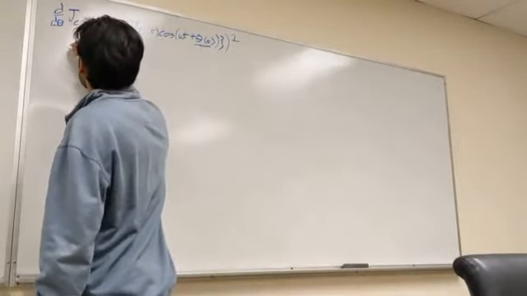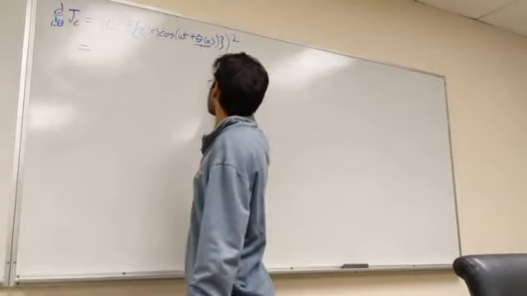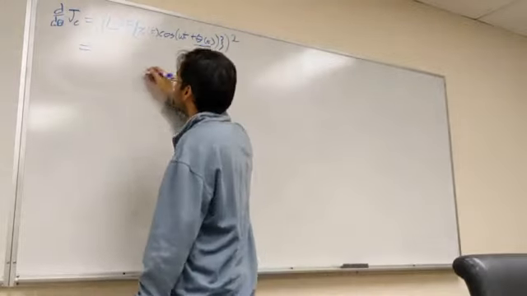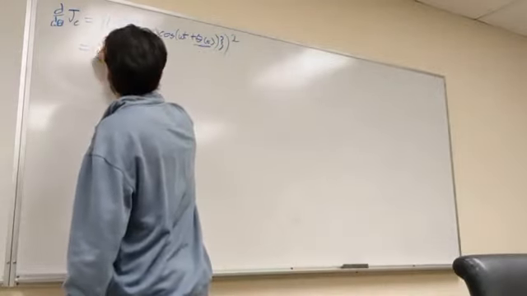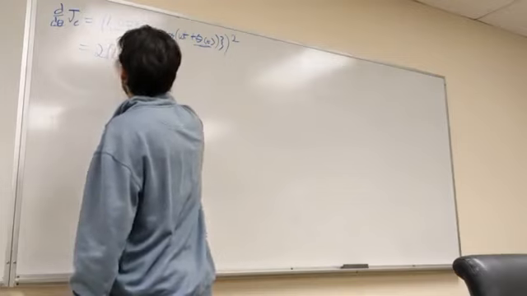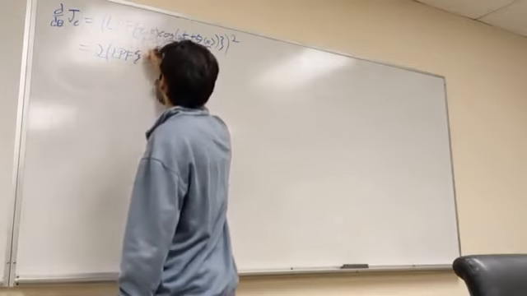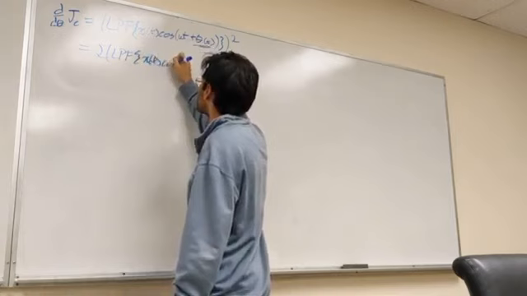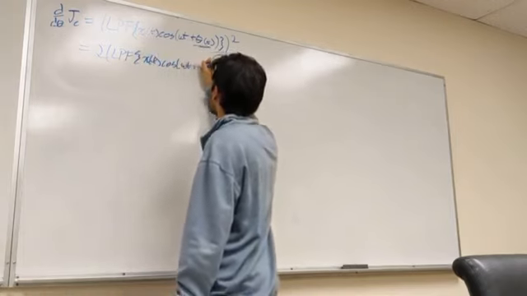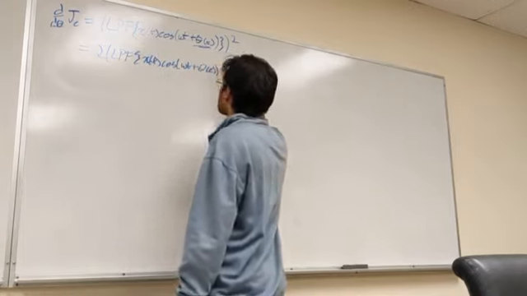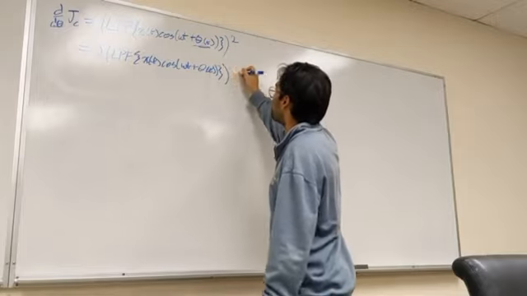So right off the bat, you have a square, so it becomes a bunch of chain rule. 2 times low pass filter, keep the inside, x of t cos of omega t plus theta of t, and then times chain rule.